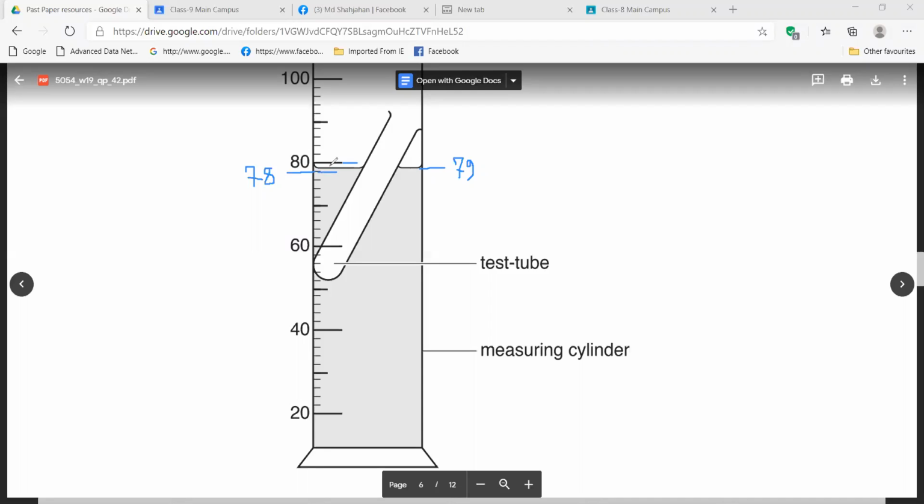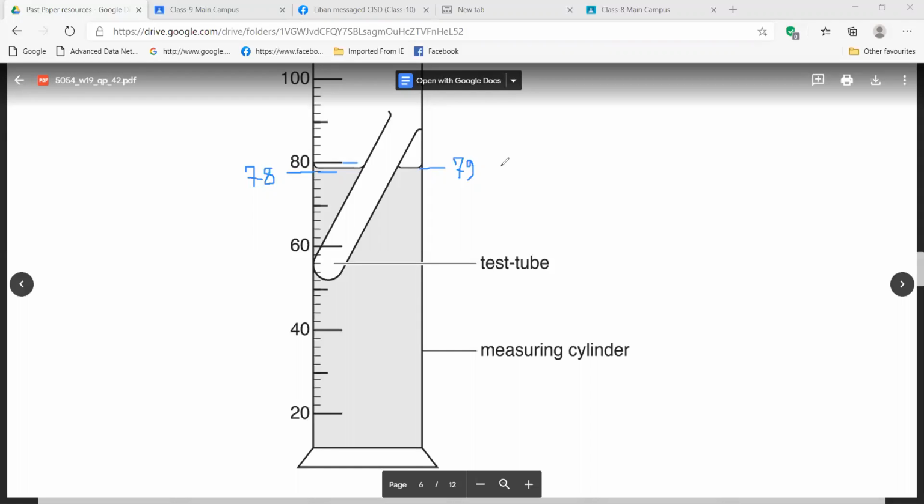The space you are getting here is not equal to the space on the lower side, a little bit different, right? The upper side is a bit bigger. So it's approximately 79 centimeter cube.